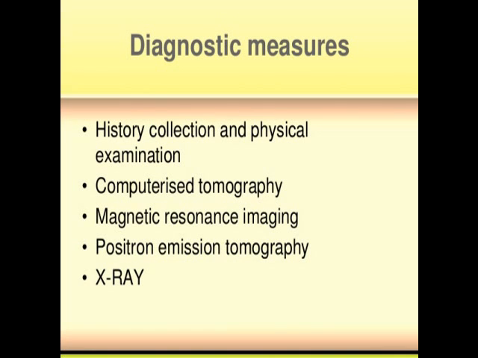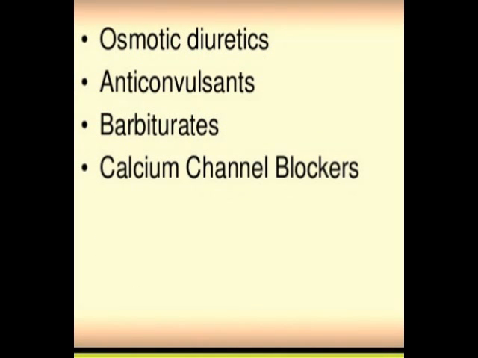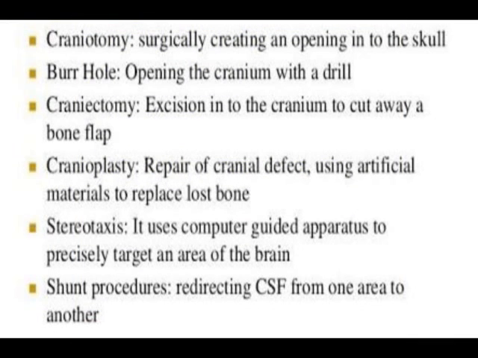Next one is the diagnostic evaluation. First one is the history collection. Second one is the physical examination, computerized tomography, magnetic resonance imaging, positron emission tomography, and X-ray. Medical management includes osmotic diuretics, anticonvulsant drugs, barbiturates, calcium channel blockers, etc. And the surgical management includes craniotomy, burr-hole craniectomy, cranioplasty, shunt procedure.